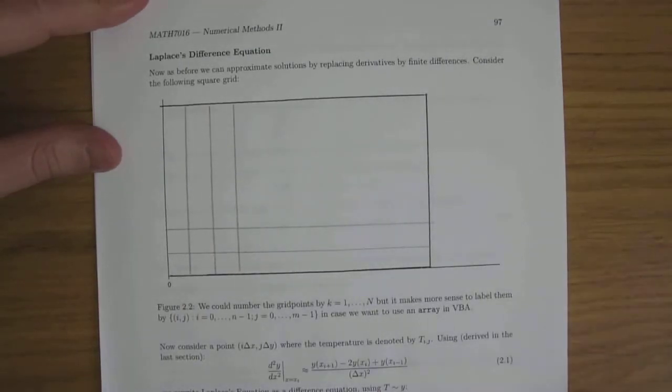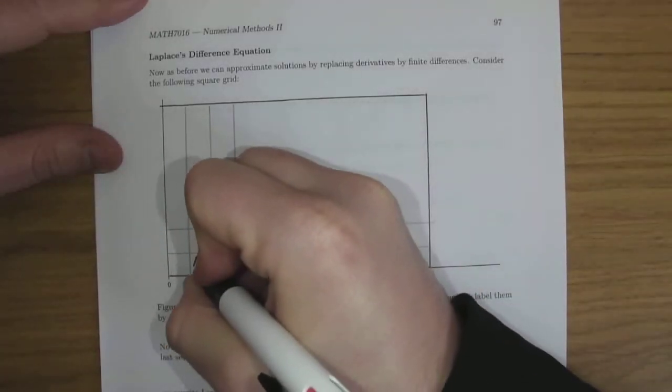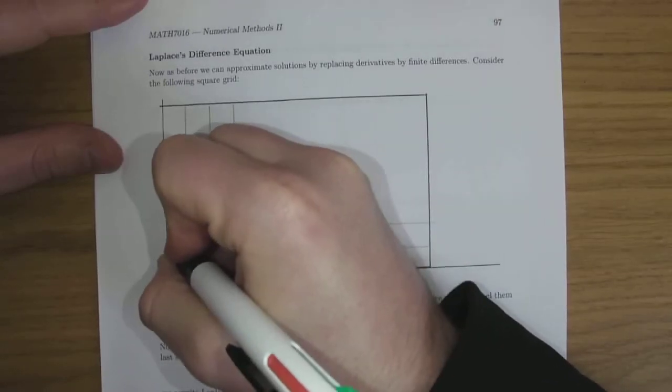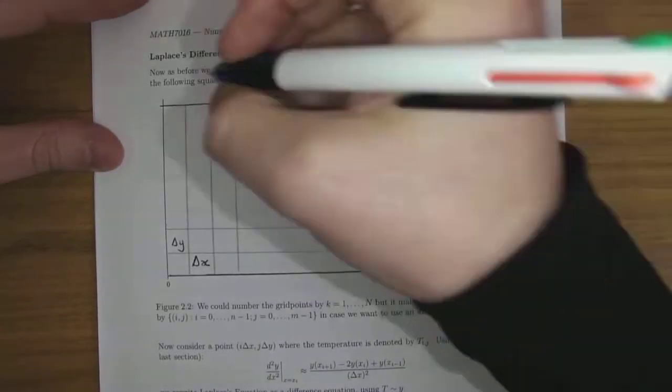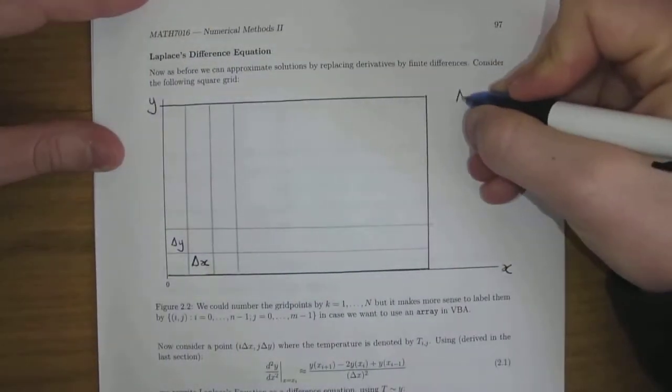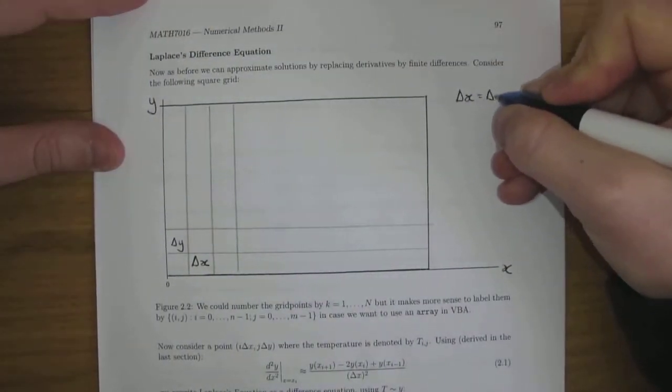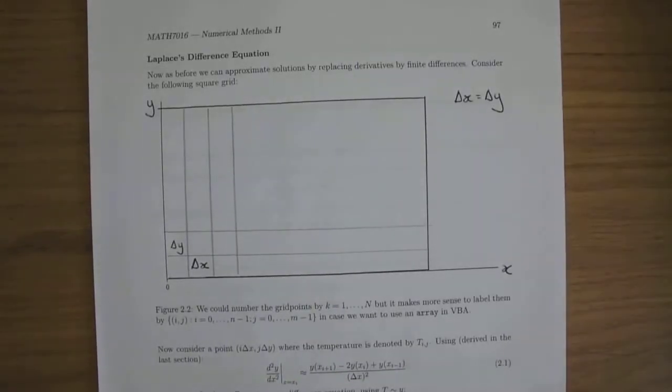Actually, whether it was an assumption or not doesn't matter, but for this, they need to be square. So delta x, delta y, because this is an x-axis and this is a y-axis, we need delta x equal to delta y.